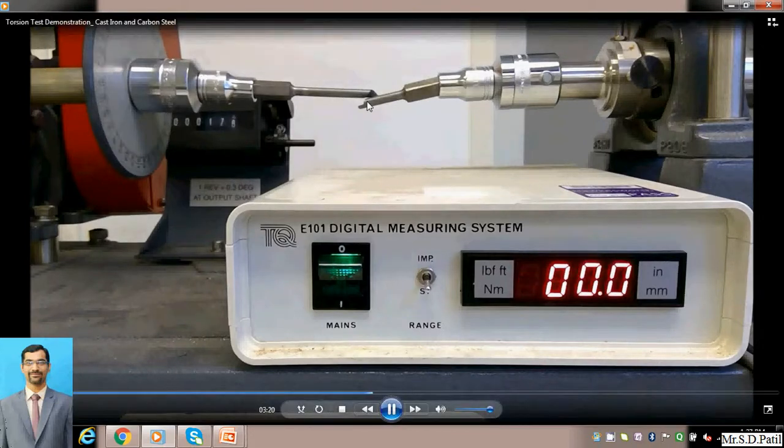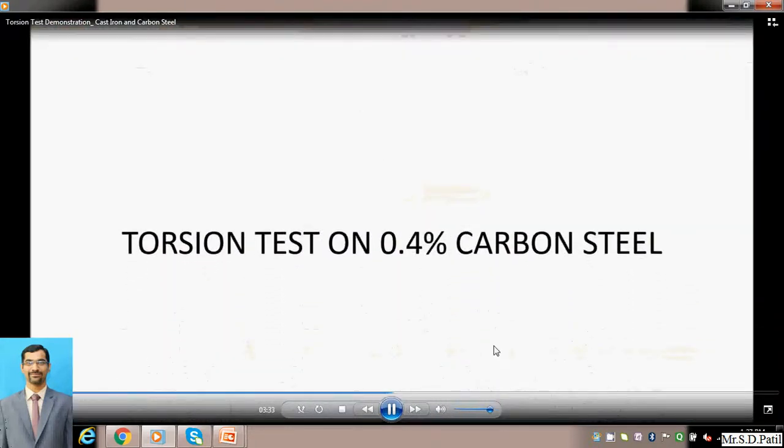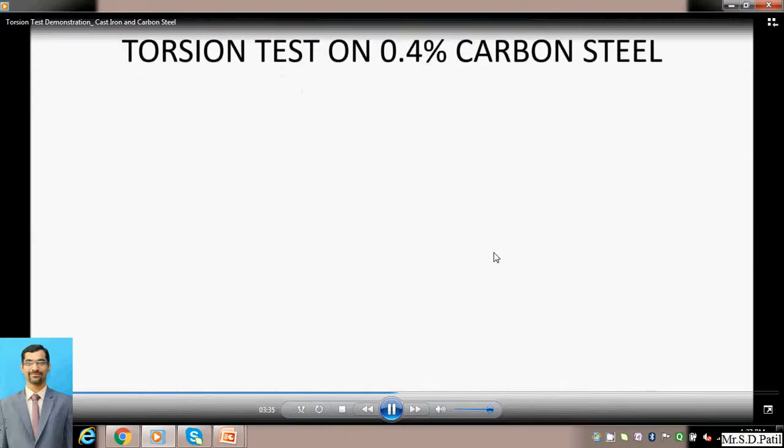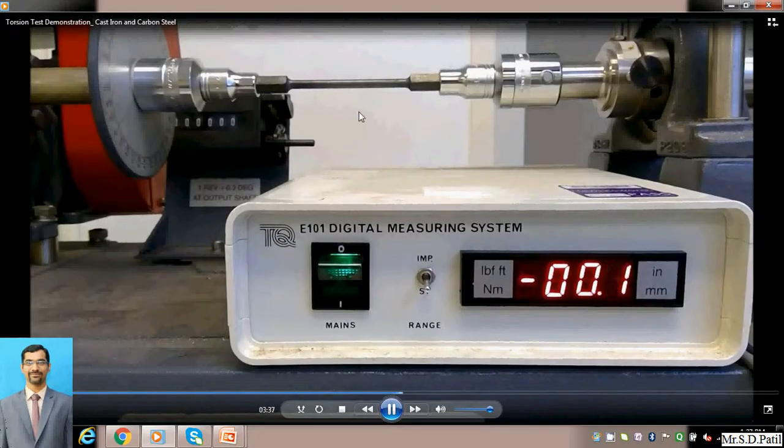Now this is the failure, how it has failed. The torque has dropped, and this is the failure pattern of the cast iron, which we have seen in the case of brittle material. Now we have put in the steel bar, and the torque will be built on that particular steel bar.